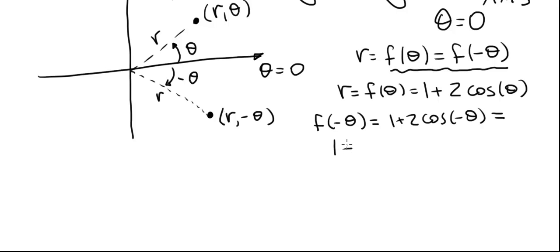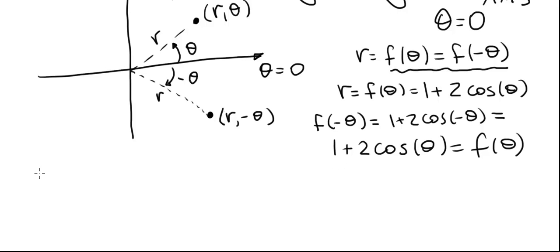So this is 1 plus 2 times cosine of theta, and that's f of theta, the same as the original function. Therefore we found symmetry with respect to the line theta equals 0. That means all we need is to sketch the graph on one side of the polar axis, and we get the second part on the opposite side by symmetry.